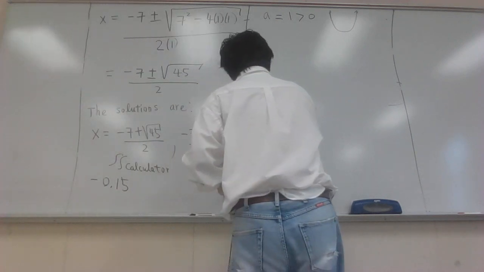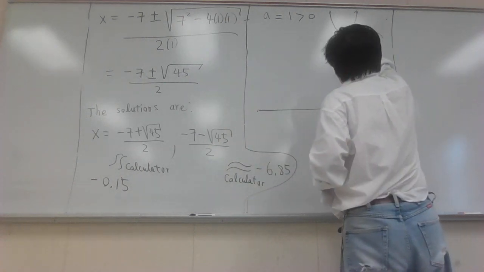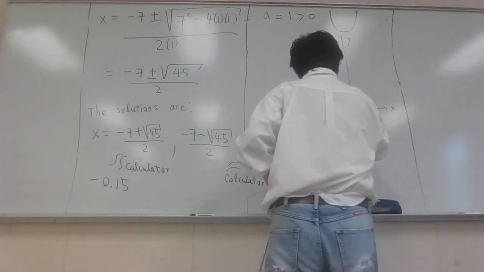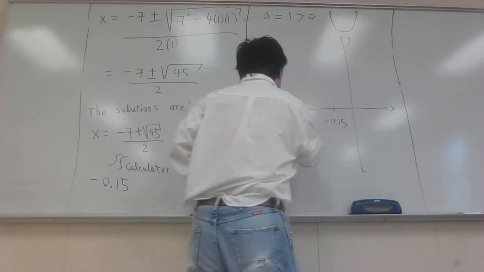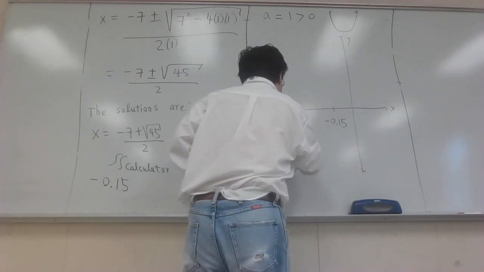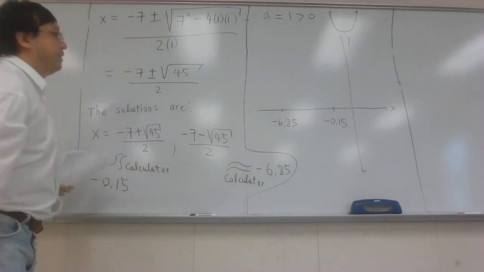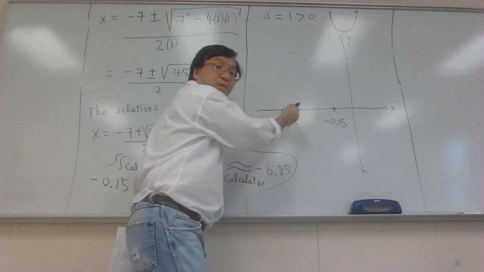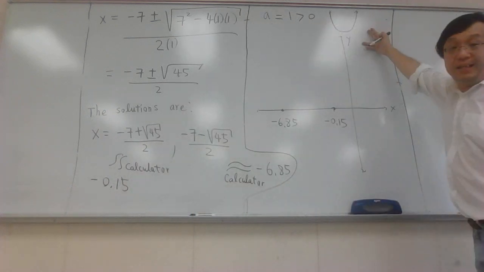Say that this is the x-axis, this is the y-axis, this is minus 0.15, and this is minus 6.85. These are approximately the zeros of the quadratic, and the quadratic has to look like this.